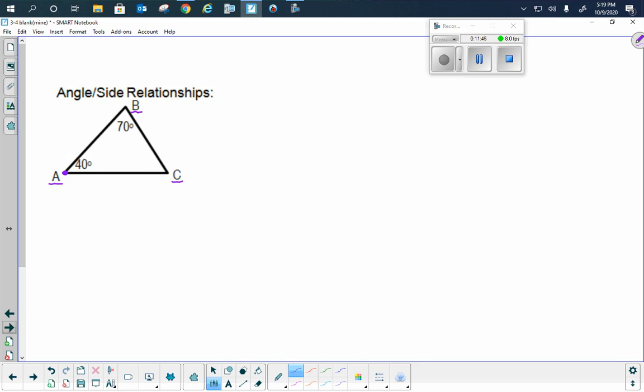Okay, so let's put that down here. Angles are labeled with capital letters. And sides are related to them, but they are going to be lowercase letters.